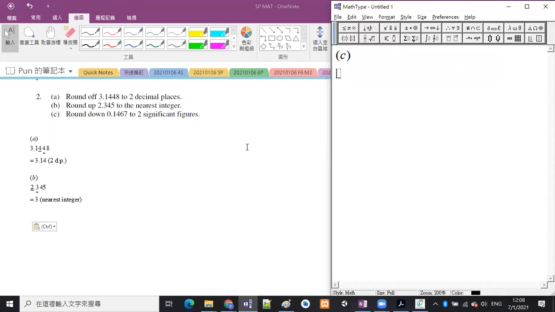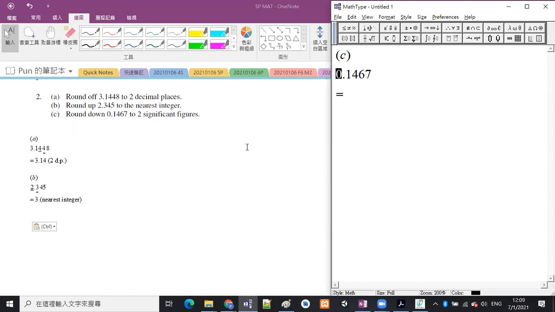And then part C, round down 0.1467 to 2 significant figures. So what is meant by significant figures? We need to count which one is the first significant figure. It is the first non-zero number. Okay, this number is 0.